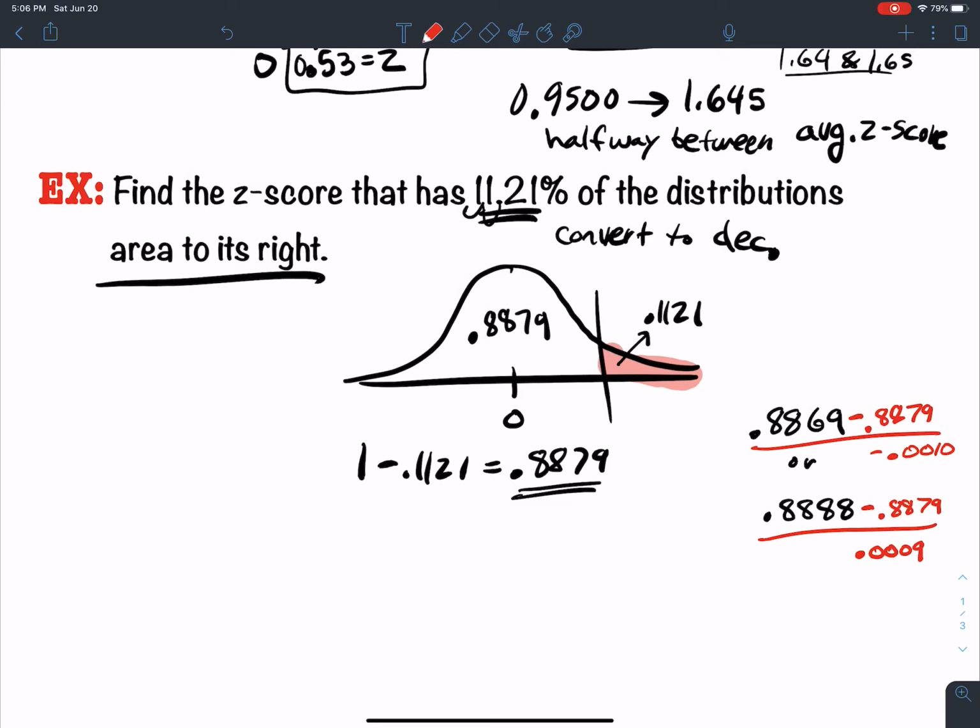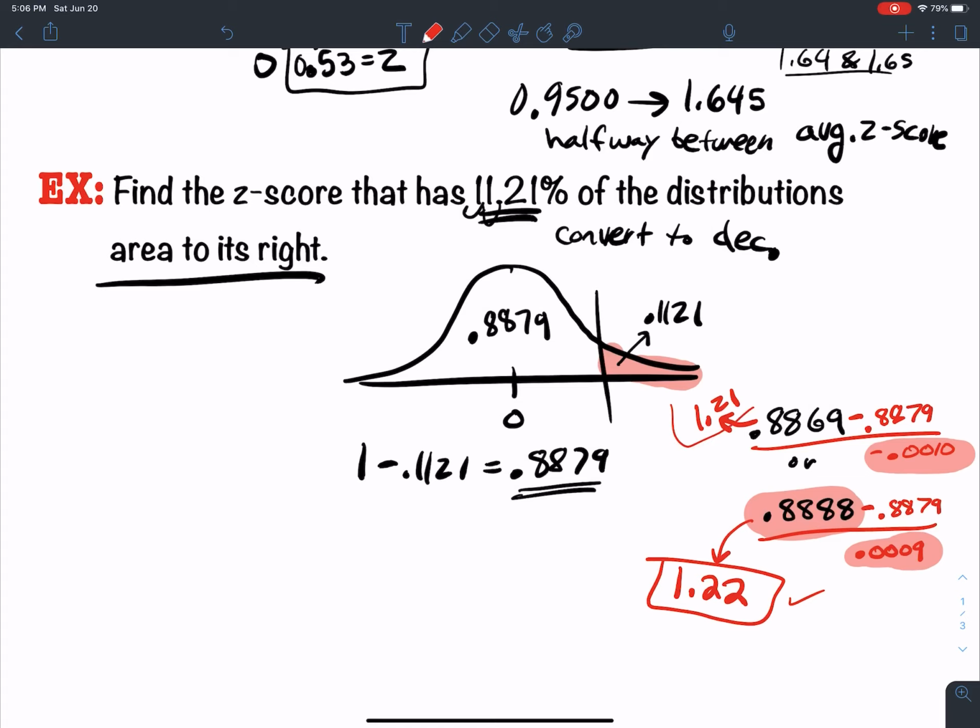Now, technically, this one is closer. Okay? So technically, I would agree with you that this is closer. So your z-score that corresponds with that, I believe that z-score is 1.22, and I believe this z-score was 1.21. So technically, I would not count you wrong if you got that one. Now, maybe a better estimate, since you notice that these are almost identical distances apart, it might be best if you average them.